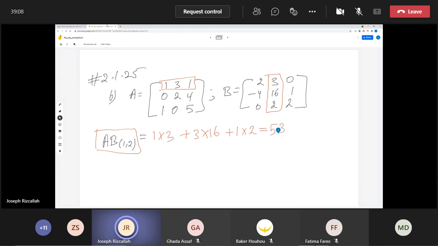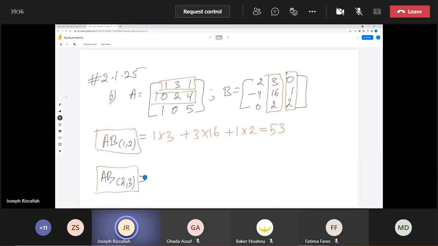And now to get the 2-3 entry of AB, I will do this one in green. So I need to use the second row in A and the third column in B. You see, this one here. And let's see what we get.